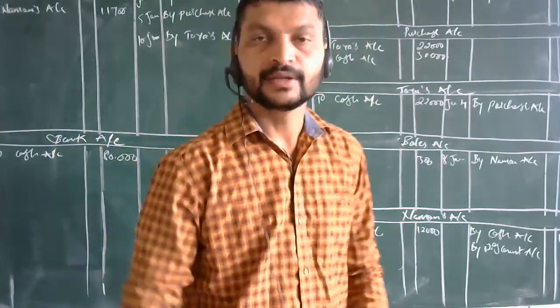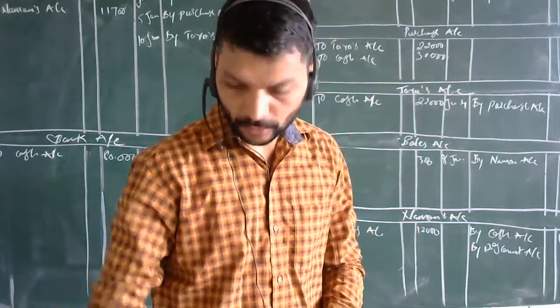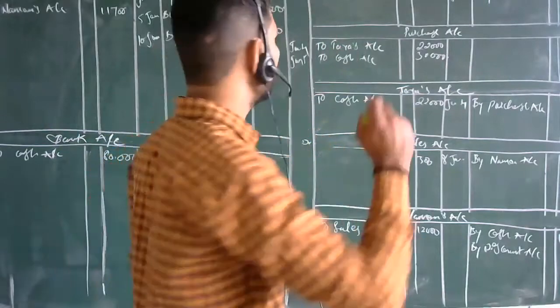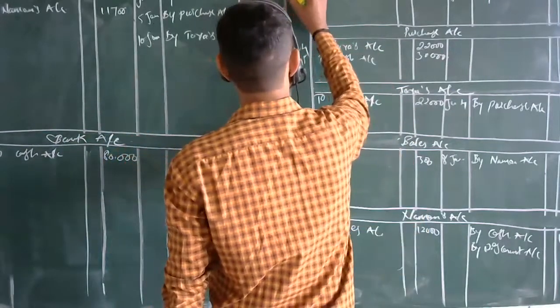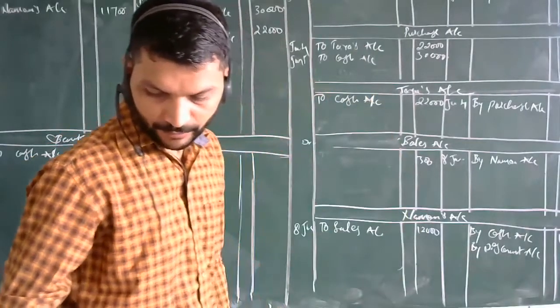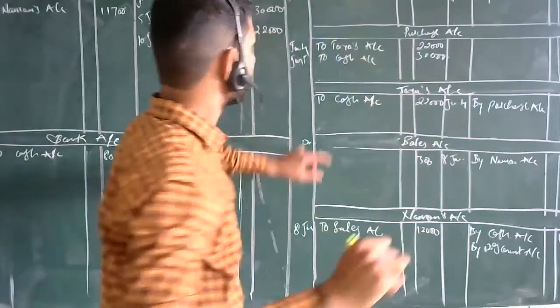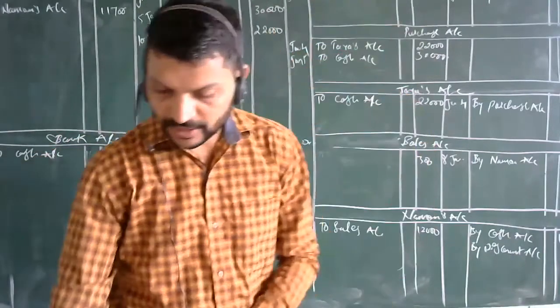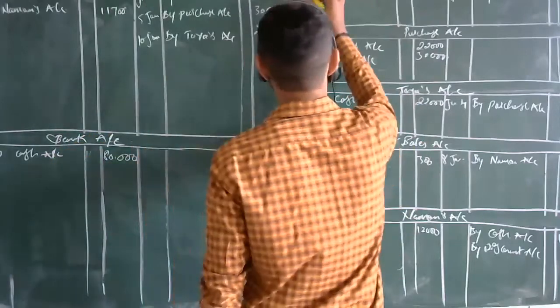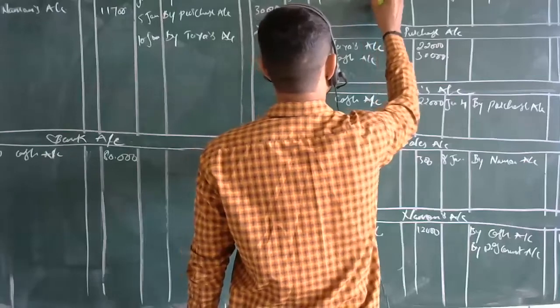Now in this capital account, you are going to make the closing of that. How do you make the closing of that capital account? I will show you. At the last date, January, how much is it? 30 or 31. January will have 31 days. Yes, 31. Just like here, you are going to make the closing entry by balance carried down.